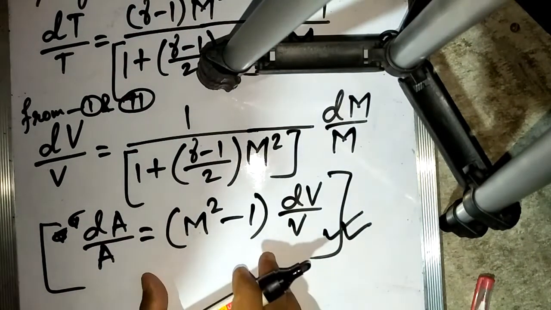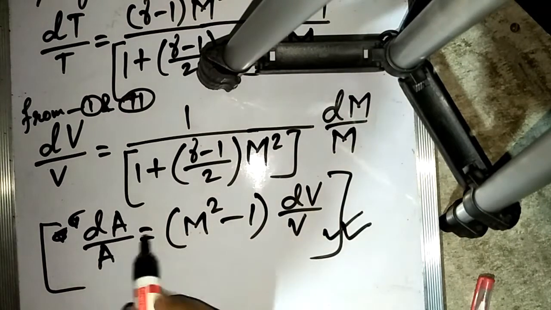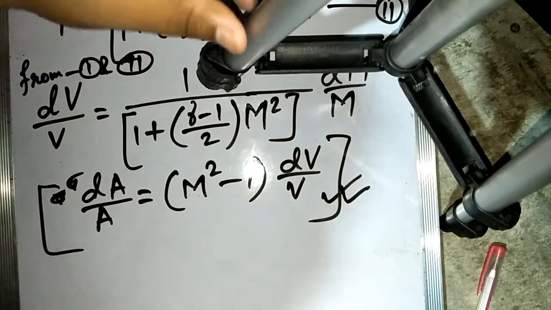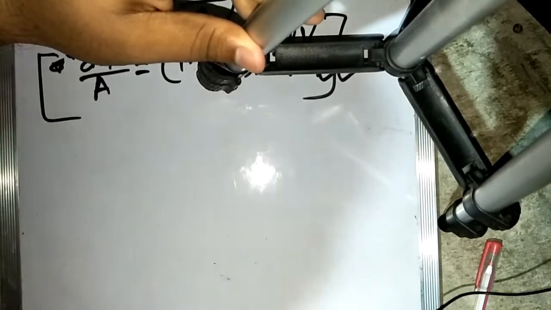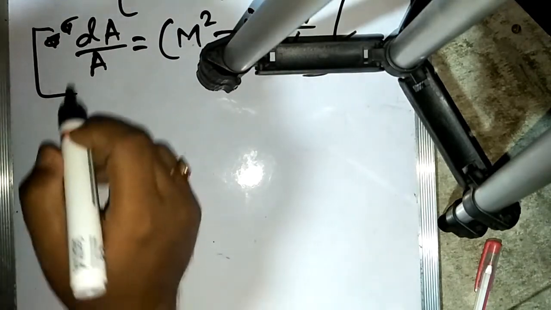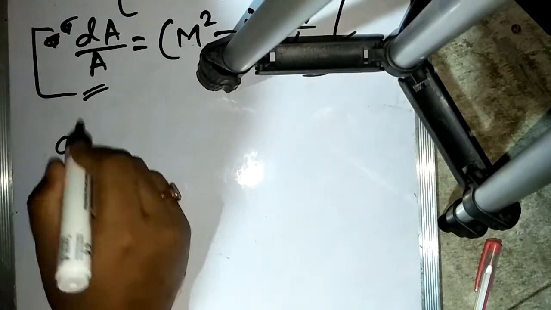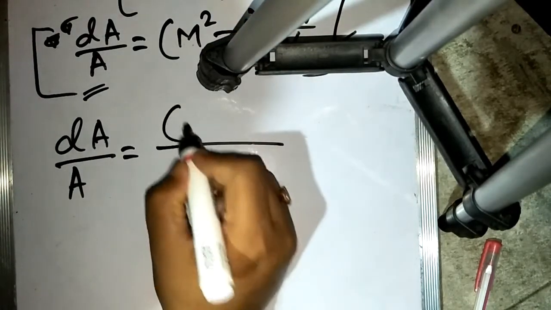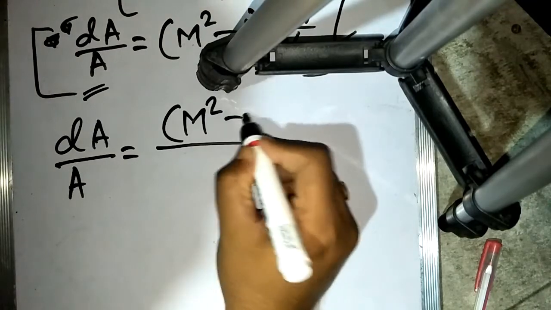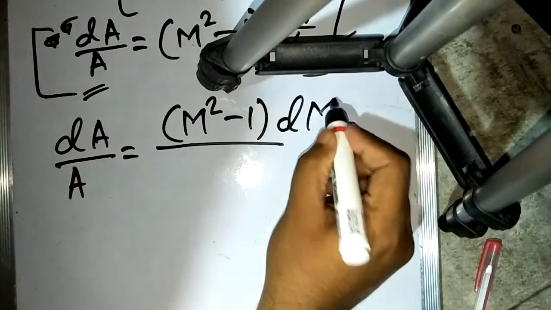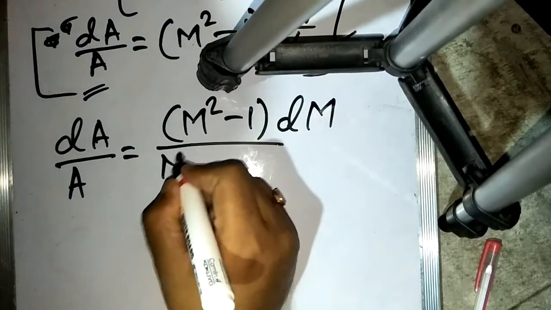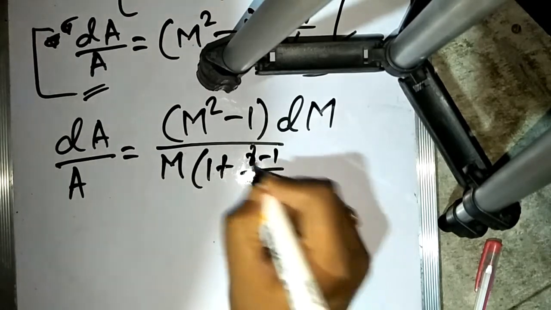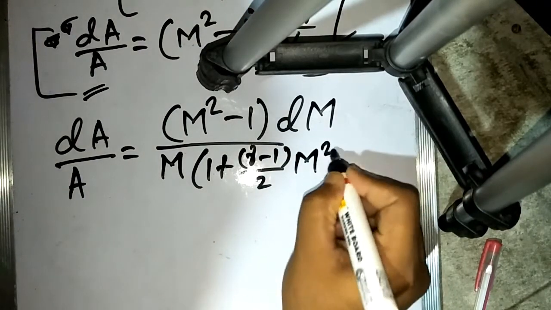So from this equation we can write the value of dA/A. By substituting the value of dV into this equation we get dA/A equals (M² − 1) into dM/M into (1 + (γ − 1)/2 × M²).